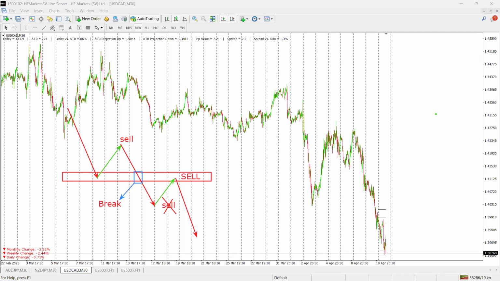The movement back to the level that was just broken is what we call a retest. That's why the strategy is called break and retest, right? So when price goes back to retest the level that has just been broken, we can hit the market again.